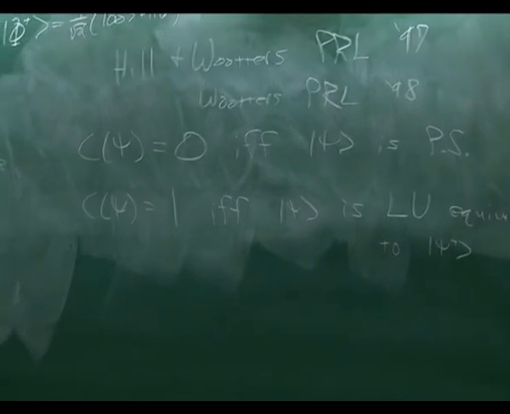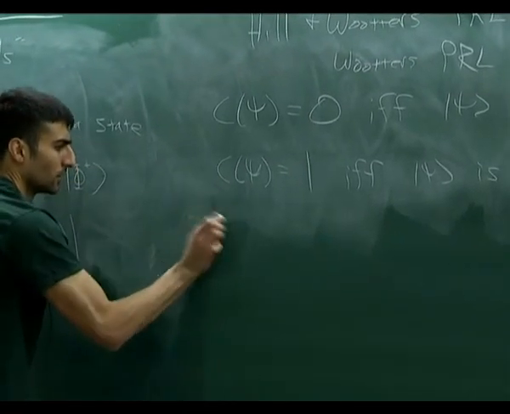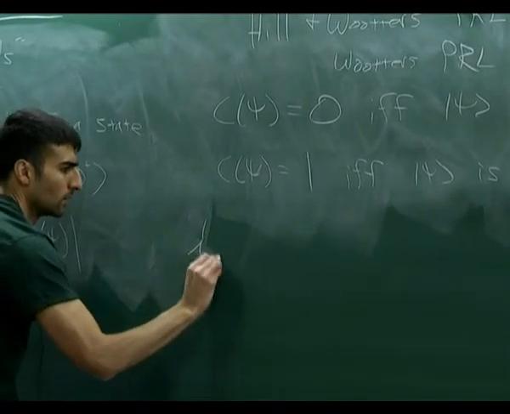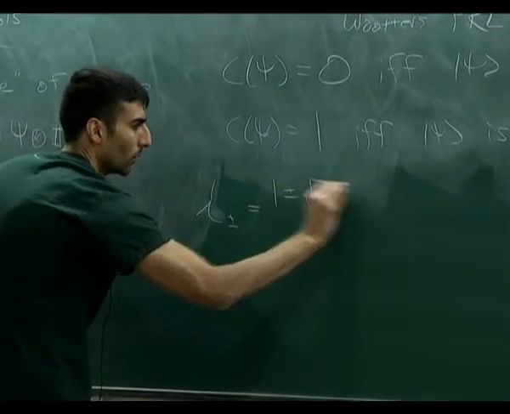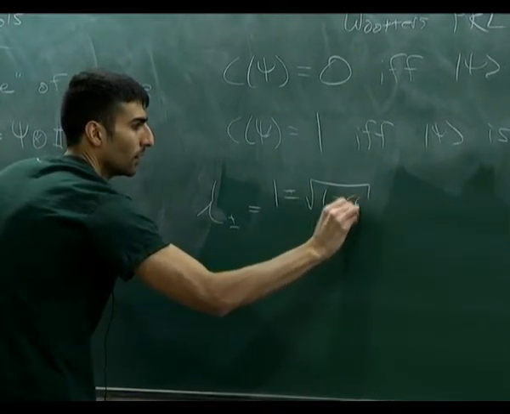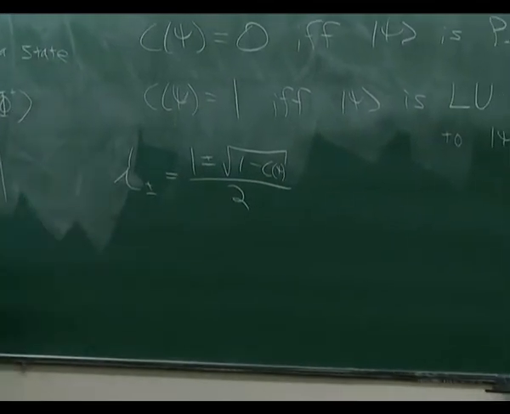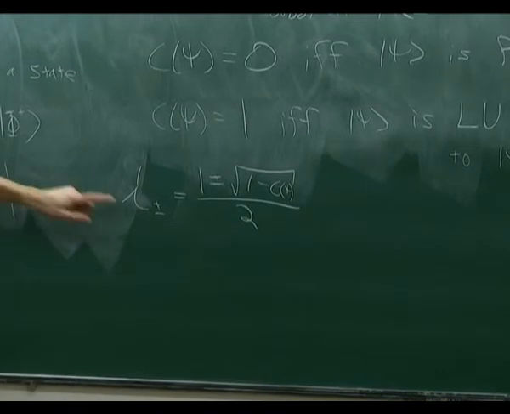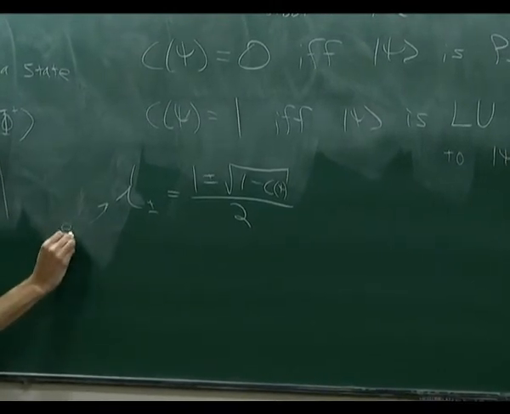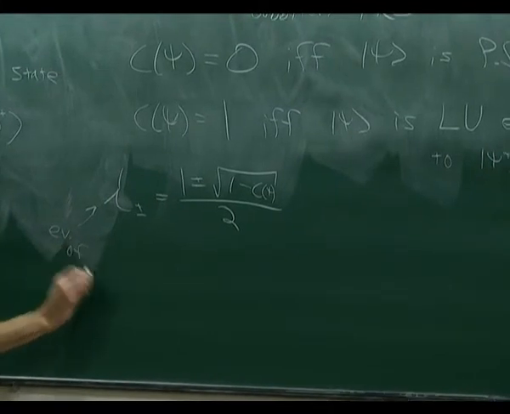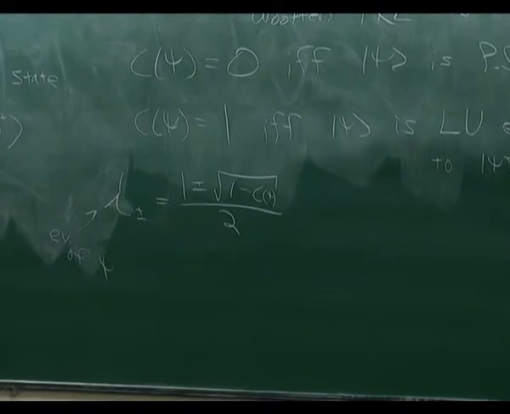If we wanted to look at the eigenvalues, this is 1 plus minus the square root of 1 minus C squared over 2. These are the eigenvalues of psi. Those are just some properties of the concurrence.